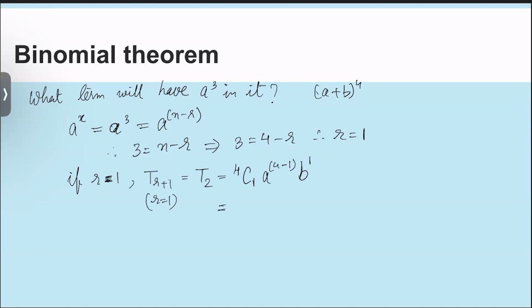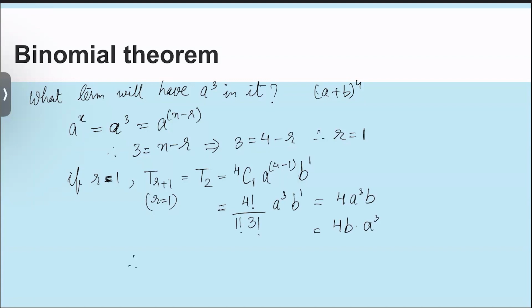So you have 4 factorial upon 1 factorial and 4 minus 1, that is 3 factorial, and a cube b. The 3 factorial gets cancelled, so you get 4a cube b.